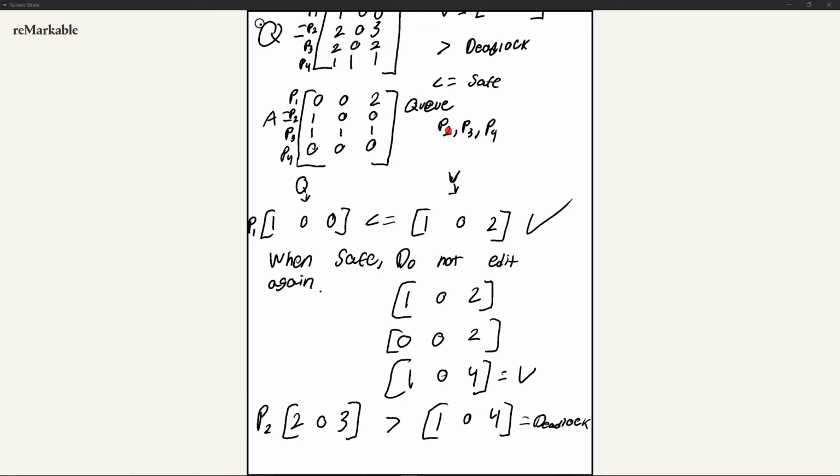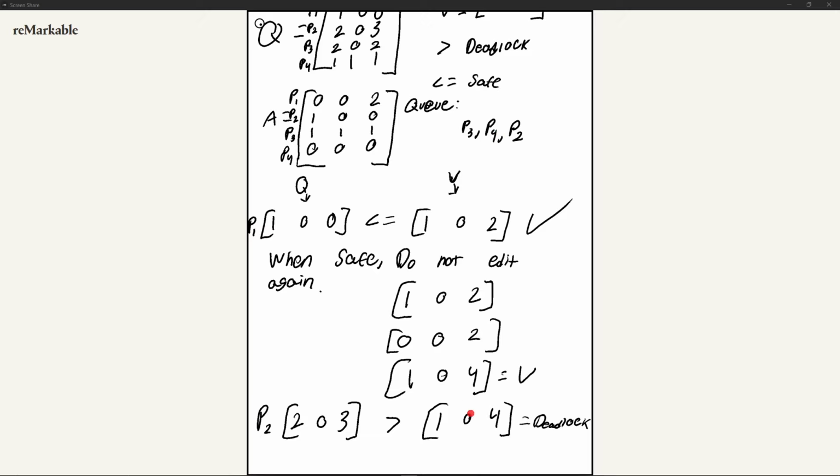Now, P2 is deadlocked, okay? That doesn't mean that it gets removed. Instead, it gets pushed to the end of the queue. Because P2 is deadlocked, we possibly might have to come back and check it again to re-verify if it's possible for it to be safe. Our goal is to get everything out of this queue.